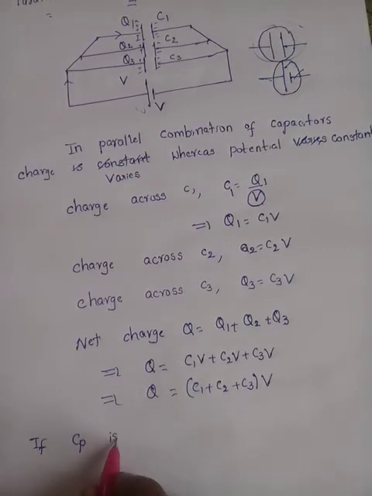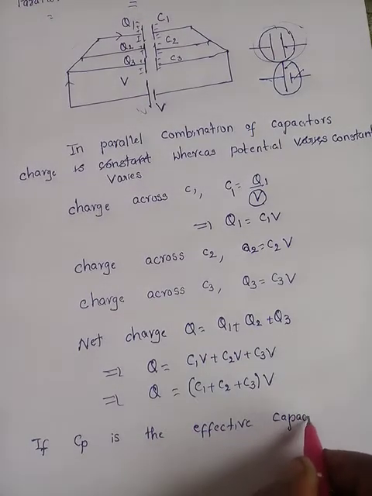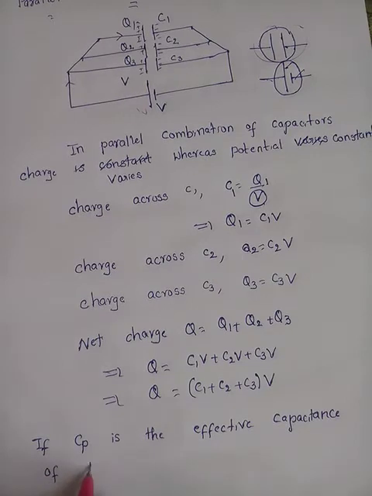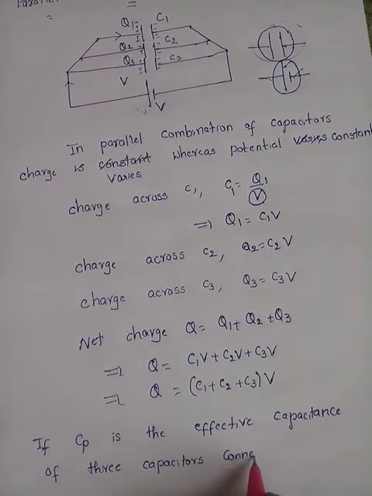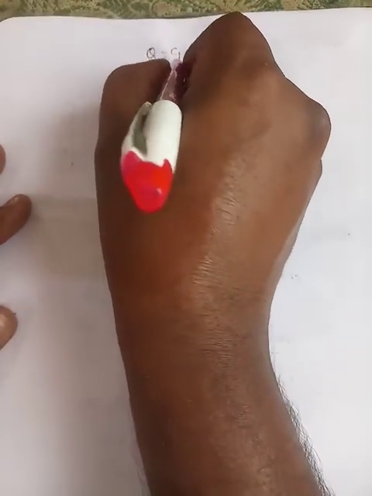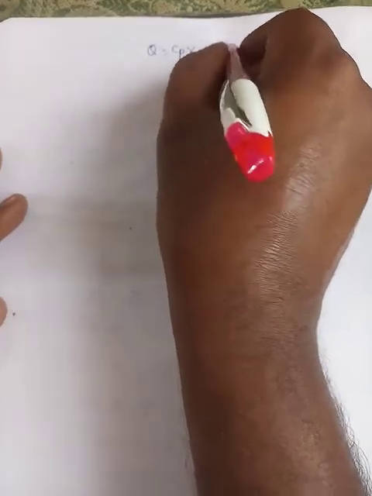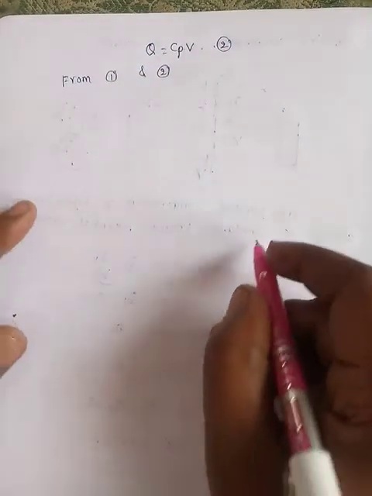If Cp is the effective capacitance of three capacitors connected in parallel, then you can write Q is equal to Cp into V. So from these two equations, Q is equal to (C1 plus C2 plus C3) into V, and Q is equal to CpV.